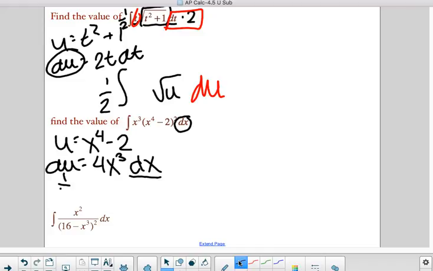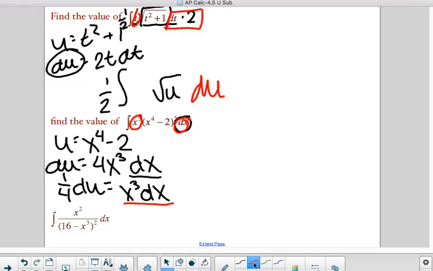So if we divide the 4 away, 1/4 du equals x cubed dx. So instead of thinking of it as balancing, you can do it as a substitution. We have the x cubed, we have the dx. So I can switch out both of those and instead put what? 1/4 du.